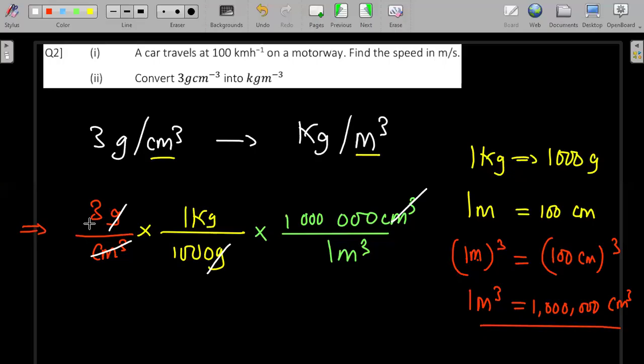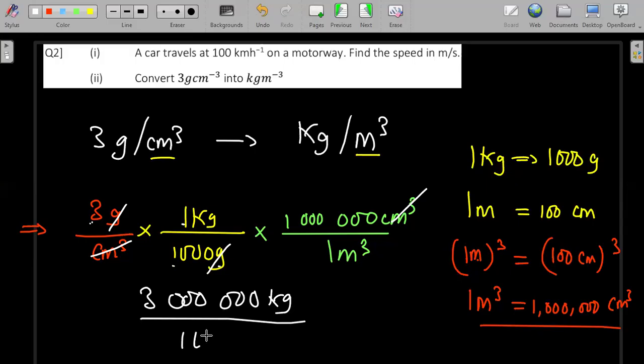On top, I have 3 multiplied by a million kg. Down here, I only have the 1,000 and the cubic meter. So 3 multiplied by 1 multiplied by a million gives 3 million kg, divided by 1,000 cubic meters. Now I can cancel out some of these zeros, these 3 zeros.